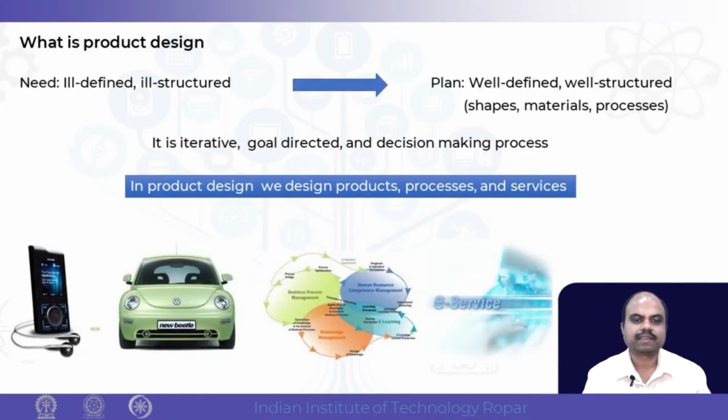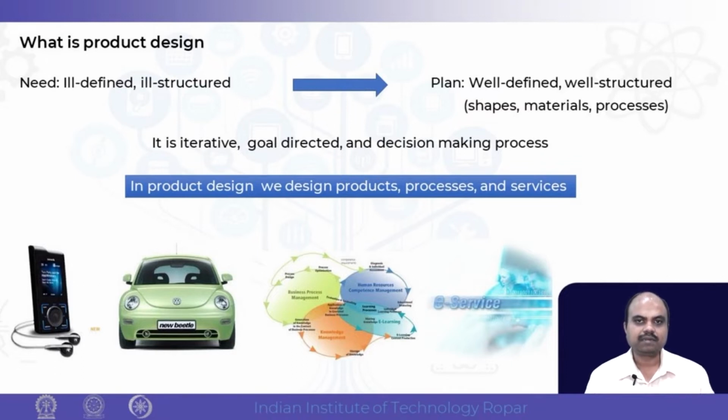So in the next slide, on what is product design, we see that we can express product design as a process of changing from an ill-defined and ill-structured activity to a planned, well-defined and well-structured activity.